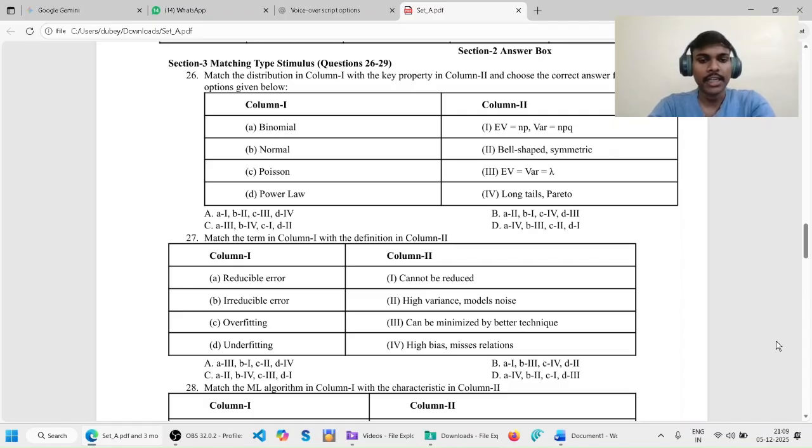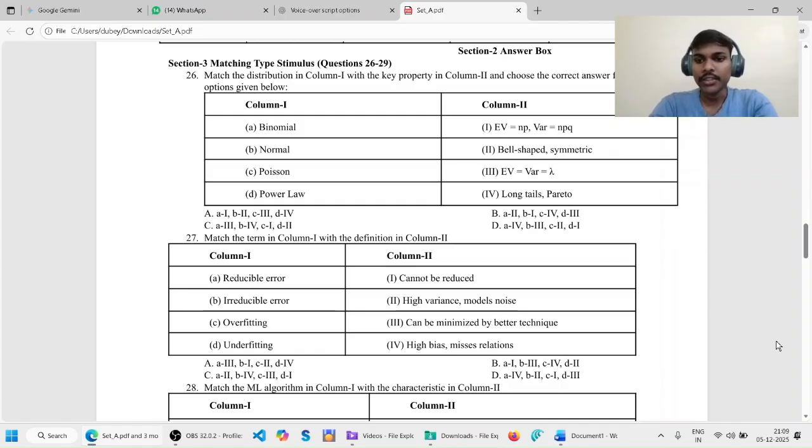In column one, basically we have the various distributions available in data science. And in column two, we have EV is equal to NP and variance is equal to NPQ, bell-shaped symmetrical, EV is equal to variance is equal to lambda, and the fourth one is long tails and Pareto.